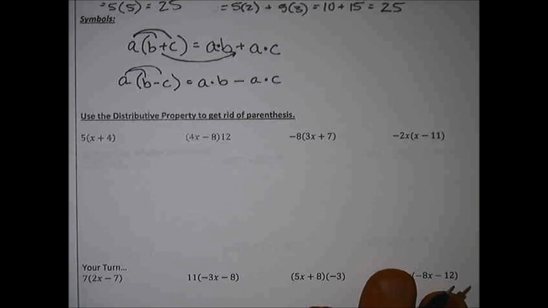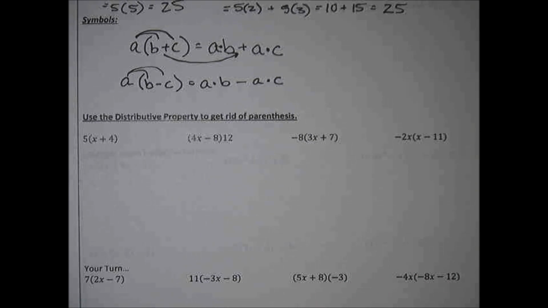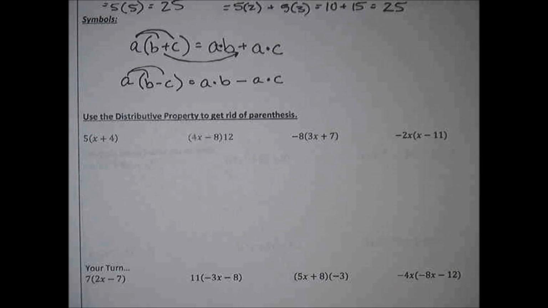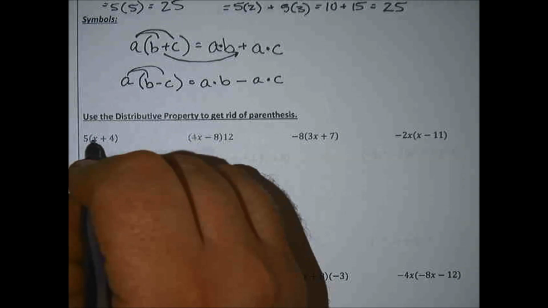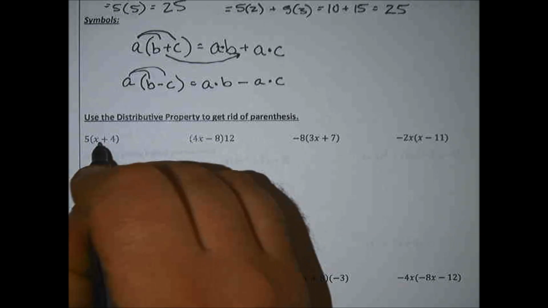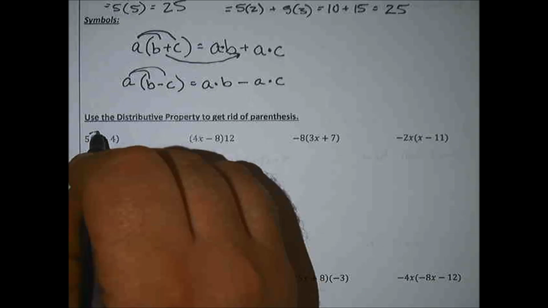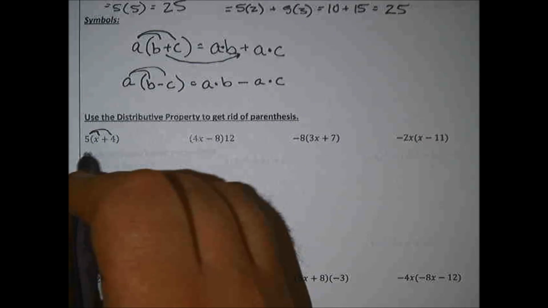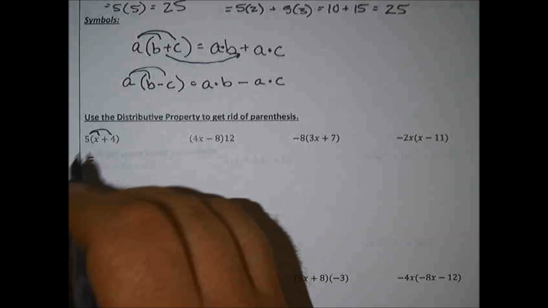Down here, we're going to get some practice at this. We're going to use distributive property to get rid of the parentheses. Remember, I don't really like them. See right here, here's a basic problem where I cannot combine that 4 and that x. Okay, they won't go together. They're not like terms. We can't combine things that aren't like terms.